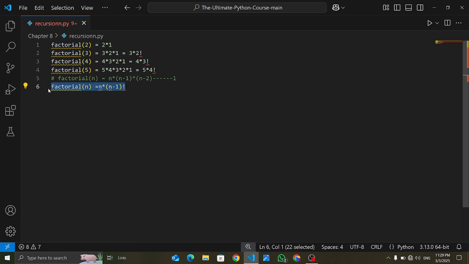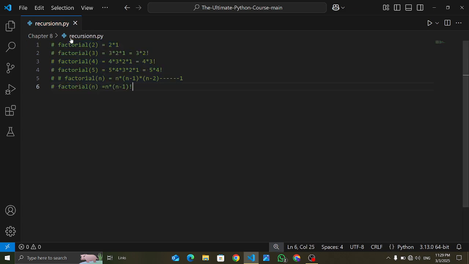So now I'm going to explain the Python code of factorial. Let me comment it down. So for that I'm going to write here, factorial of number.